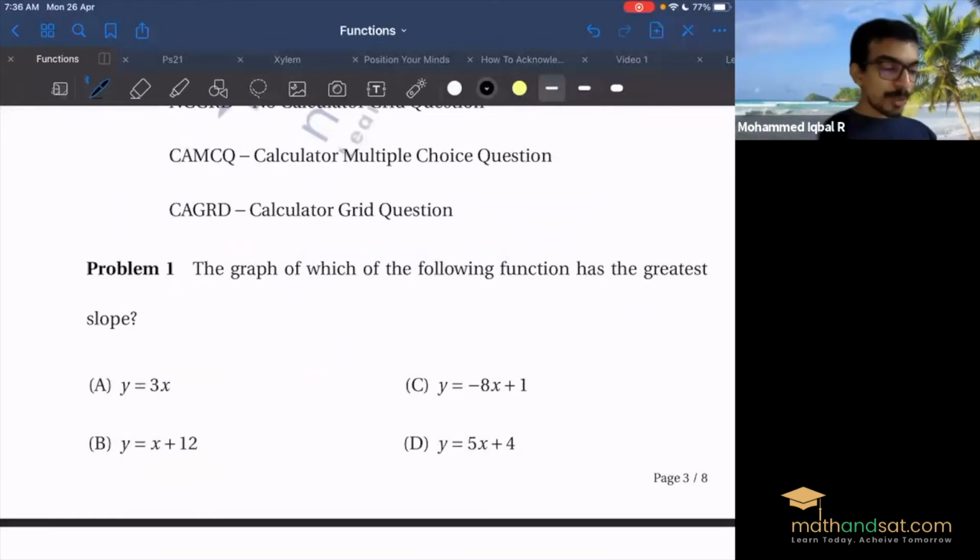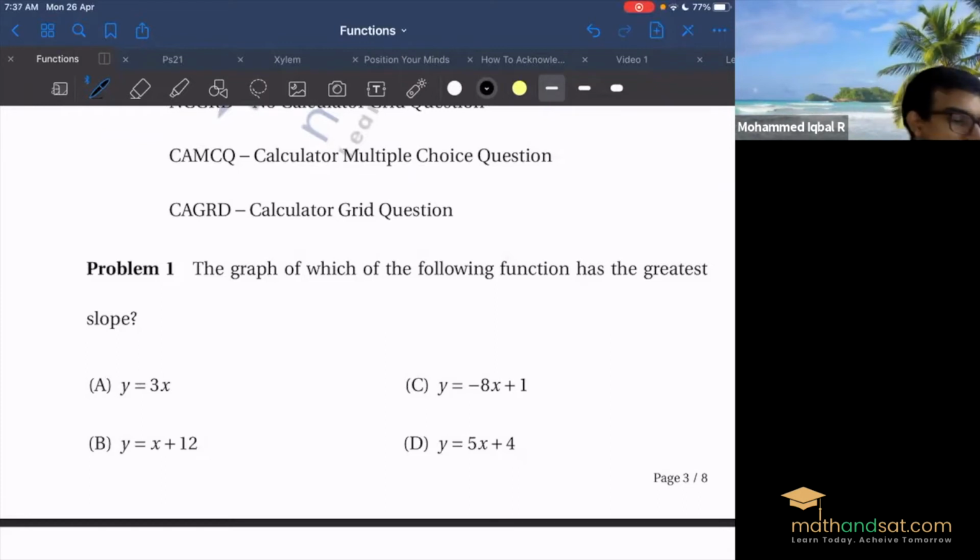The graph of which of the following functions has the greatest slope? Now tell me what will be the slope in each of the cases. In the first case, it is going to be this number, which is 3. Here it is -8. Here it is 1. Here it is 5.